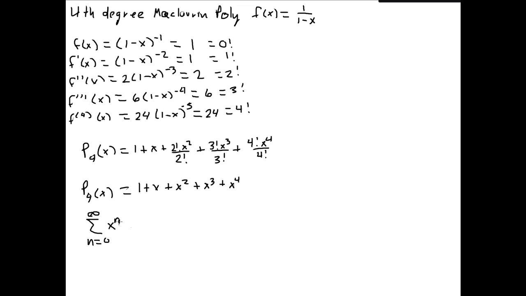When we have a geometric series, we said that the sum converges to a over 1 minus r, and in this case the ratio we're multiplying by each time is x. We said that this is good as long as the absolute value of x is less than 1, or that x has to be between negative 1 and 1.